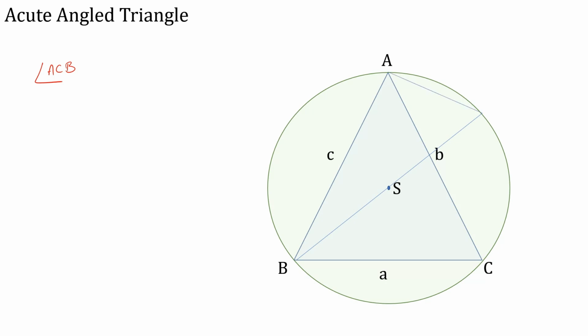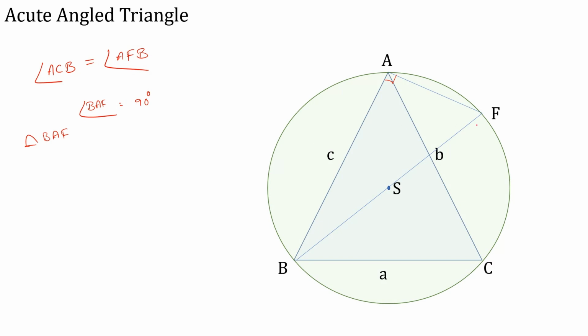From that point, we'll draw to point A. This is F. Now AB is making another angle in the circle, that is angle AFB. According to the chord theorem, we have these two angles equal to one another. BF is the diameter, so BF will make an angle of 90 degrees in the segment, which means that angle BAF is equal to 90 degrees, making the triangle BAF a right angle triangle.